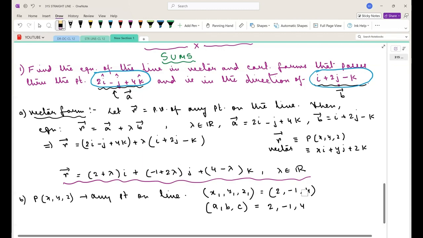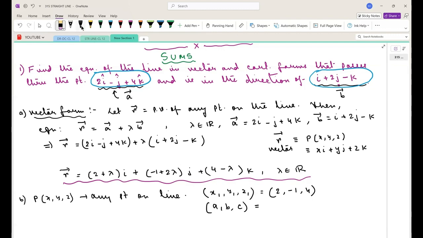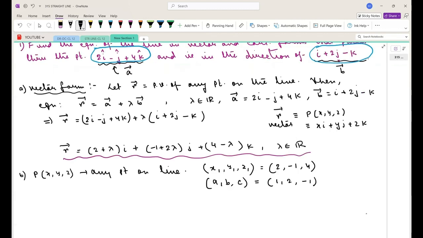So, coming back to the Cartesian form, my a, b, c will be 1, 2, minus 1. Now that we know our a, b, c and x1, the equation will be, I'm not writing the formula separately, directly plugging in the values: (x minus x1) by 1, (y minus minus 1, that is y minus y1) by 2, that is b, equal to (z minus 4, z minus z1) by minus 1.